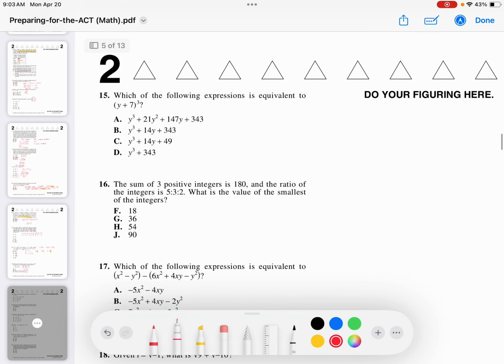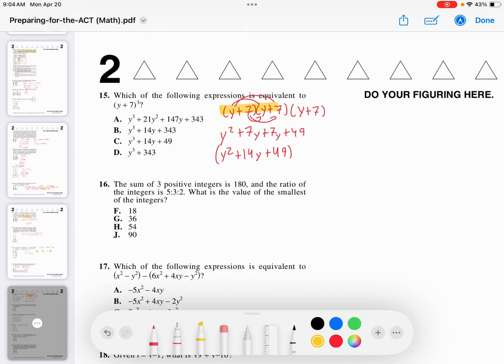Which of the following expressions is equivalent to y plus 7 to the power of 3? Okay, so y plus 7 to the power of 3 would be y plus 7 times itself 3 times. So let's start by just multiplying together 2 of them. This would give me y squared, and then 7y, and then another 7y, and then 49. So that's y squared plus 14y plus 49.